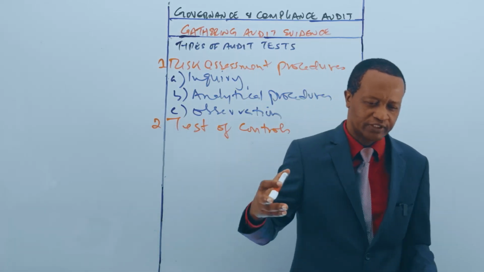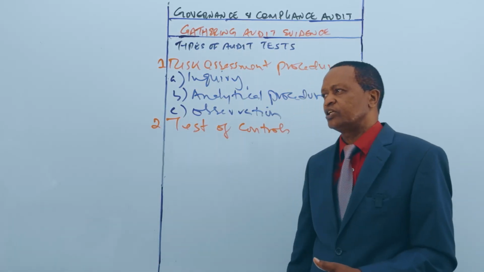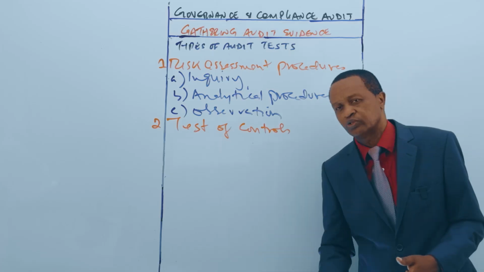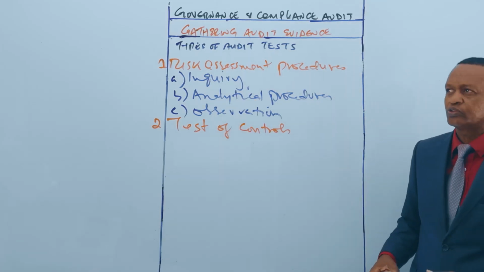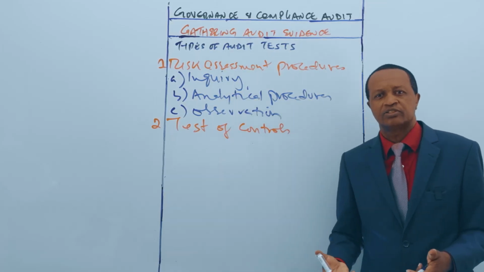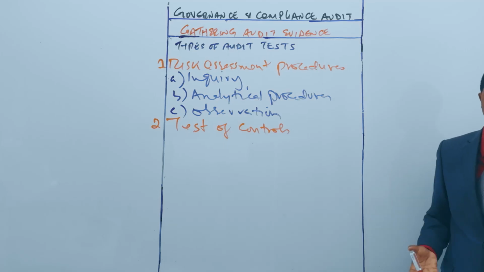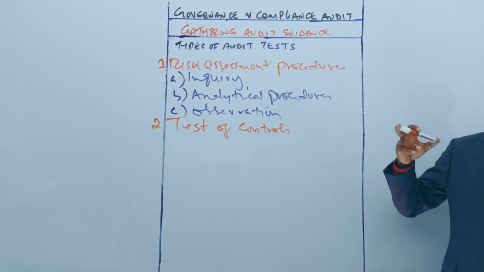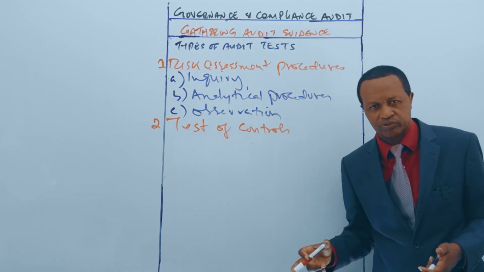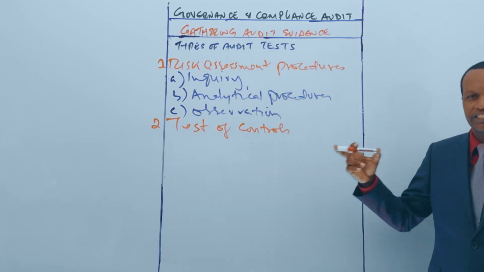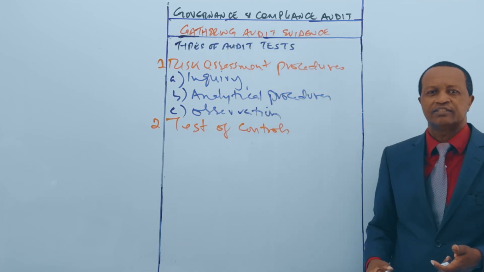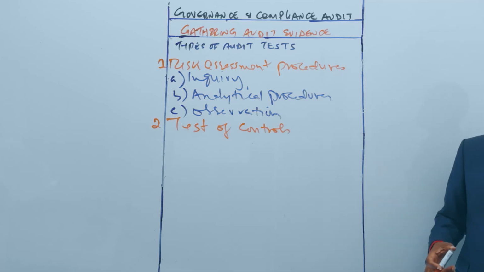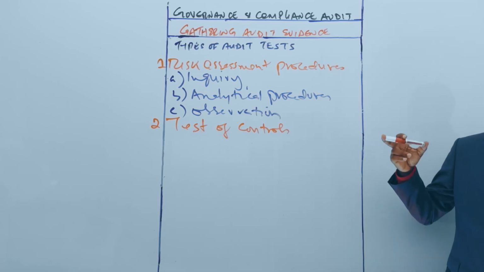It could be controls over inventories, controls over stocks, controls over the payroll, controls over the cash, right? So if a company has a policy that all payments, for example, over say 10 million require 2 signatures, then the test of controls verifies that this rule is consistently applied.